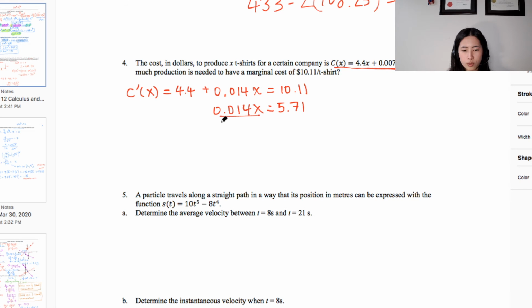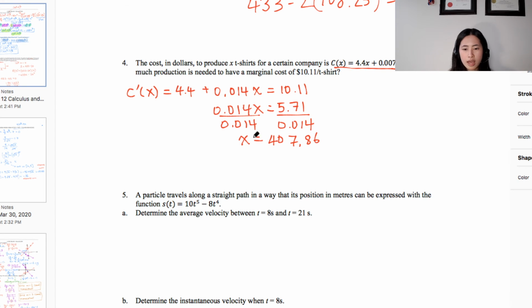Dividing both sides by 0.014, x is equal to 5.71 divided by 0.014, which is equal to 407.86, right?